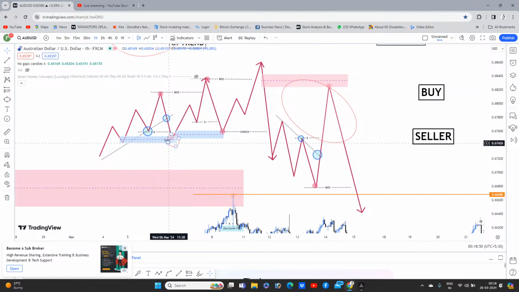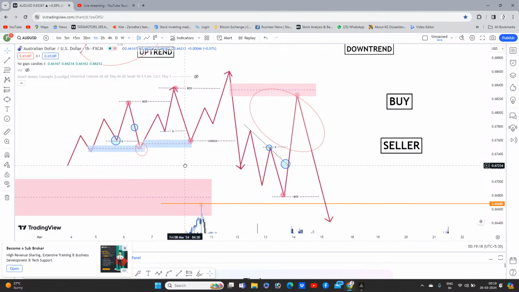We let smart money hunt those stop losses. The market taps on our POI, and then again it goes in our direction. So we take a trade here, right? We don't take trades here or here or here. We take trades here when the market has taken the liquidity. Because of that, we don't need this trend line. We don't need these things, right?